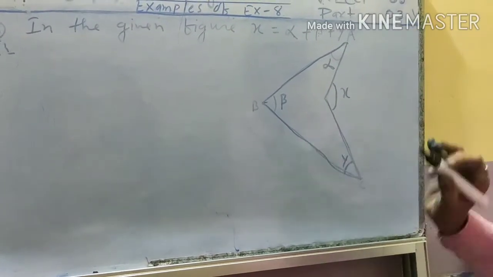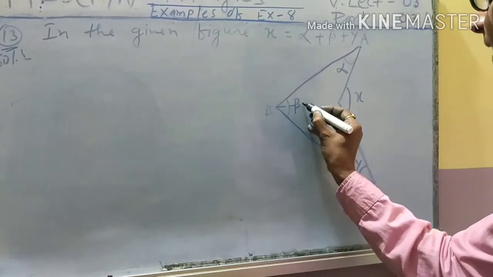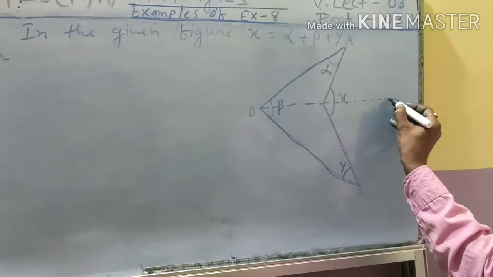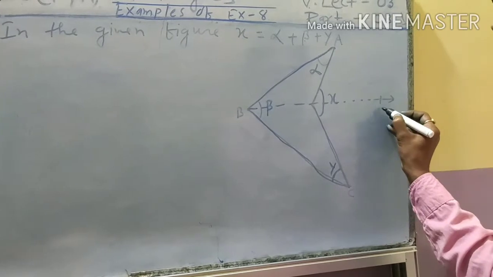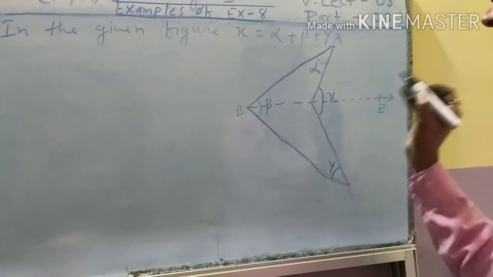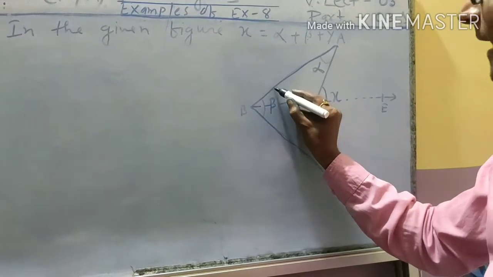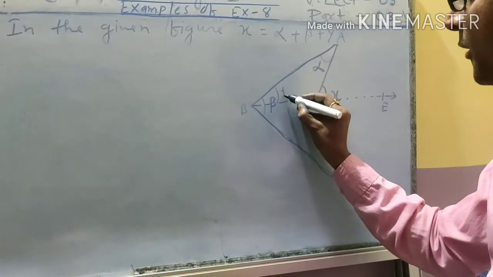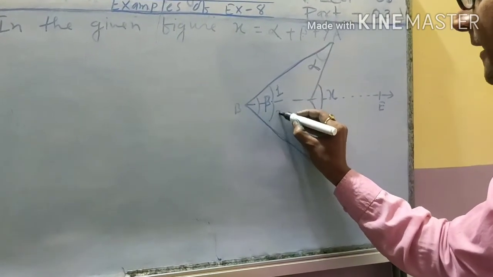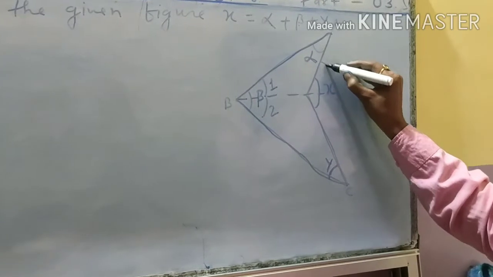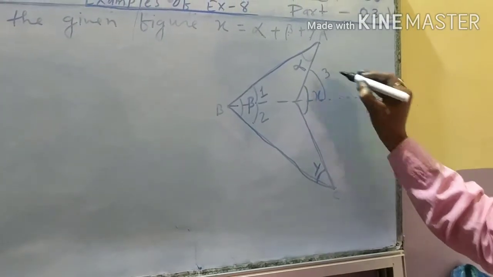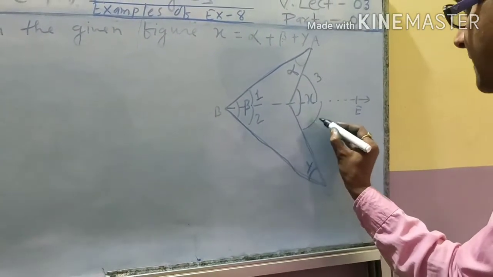First of all make the construction like this. This is BE, and make the angles. Suppose this one is angle 1 and this is angle 2. This angle is angle 3 and this angle is angle 4.